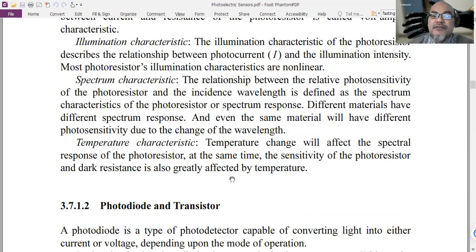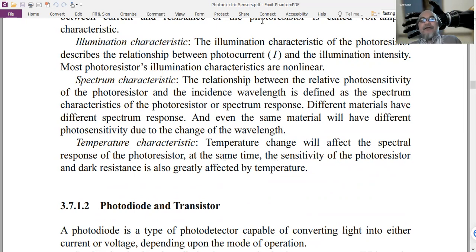The dark resistance is also greatly affected by temperature. Because in a semiconductor, the valence electron can be excited into the conduction band. Actually we want it only to be excited by light radiation. But of course, when temperature increases, the heat will also give some thermal energy and may excite the electrons to go to the conduction band. That is why the dark resistance will also be affected by temperature.